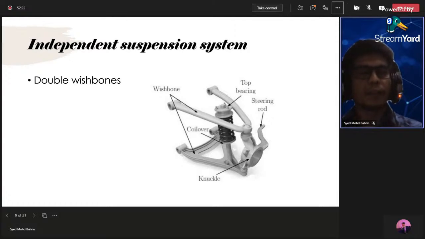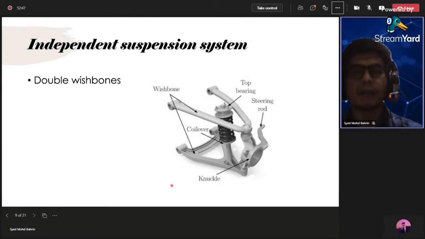So for double wishbone, it can get a good degree of comfort and a good degree of handling at the same time by changing the direction, or changing the length and also the angle of our wishbones here. In terms of application, nowadays not many cars are using it.